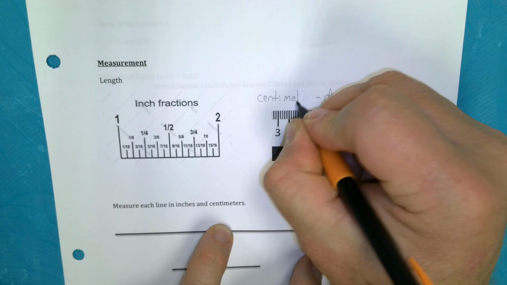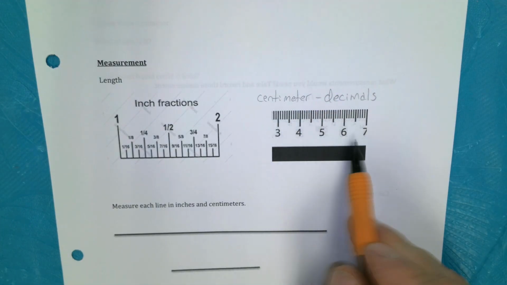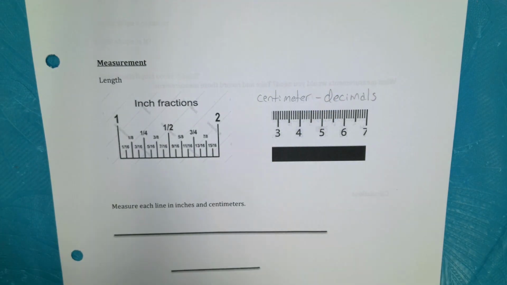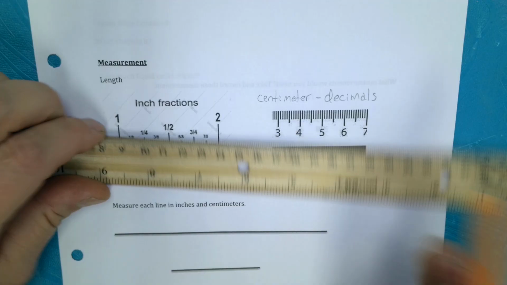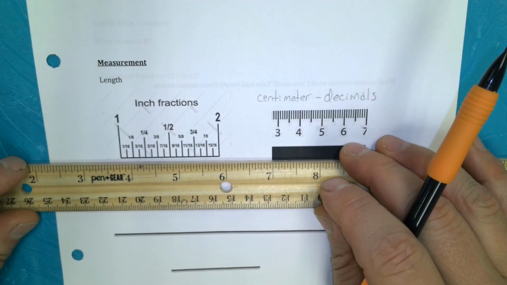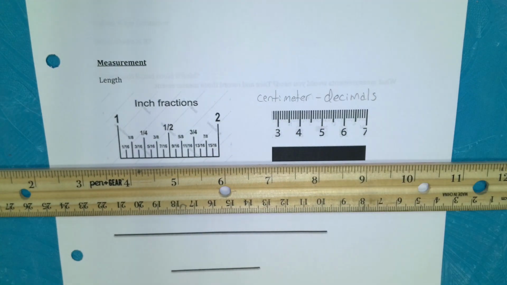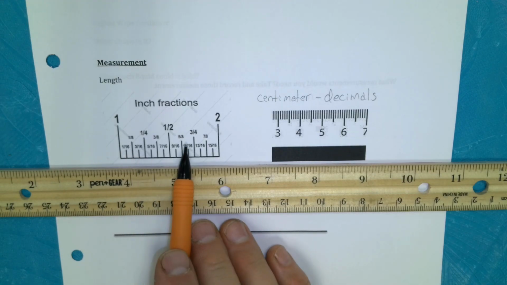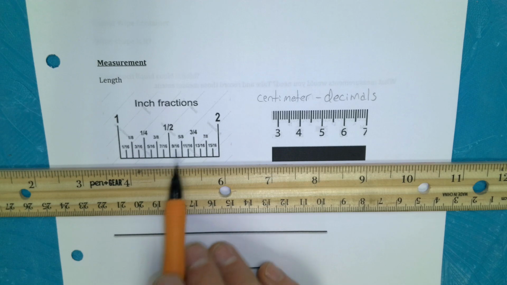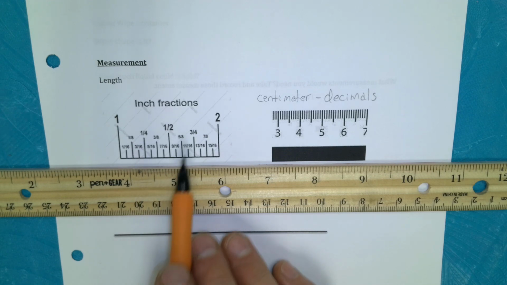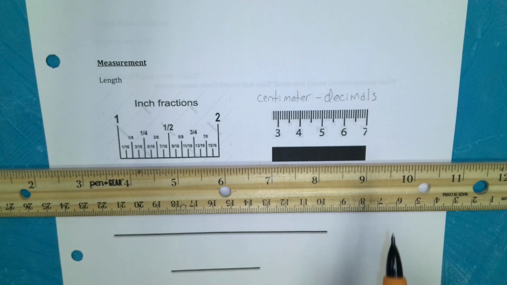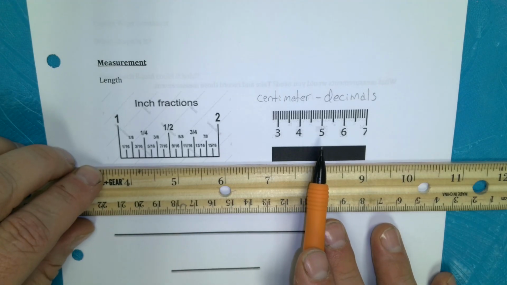So these are centimeters that you would see on a regular ruler, and then on the flip side you're going to see inches. And they are different. One of the most common mistakes I see is people measuring in inches and then trying to put decimals with it. Inches are done in fractions. We'll talk about why in a second. But we're going to take a look at centimeters.